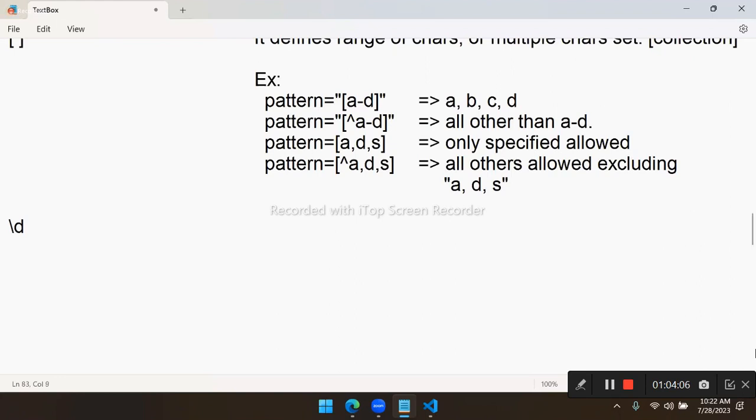/D indicates any single digit numeric, any single digit number. That means from 0 to 9, any one number, but only one digit. Any number can be between 0 to 9, anything you can define.